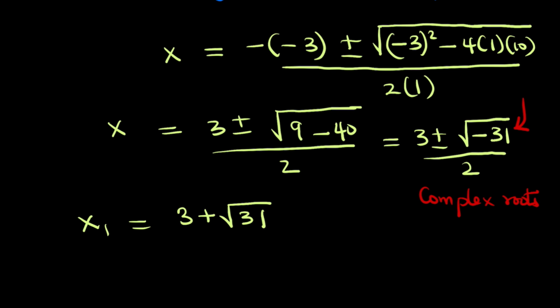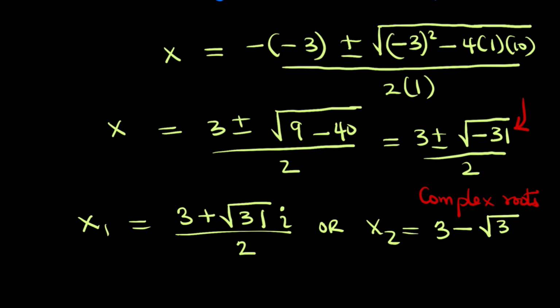I'll just leave this, and then that negative I will account for, then divided by 2, or x2, the exact same thing except this is negative now, and square root of 31i over 2.